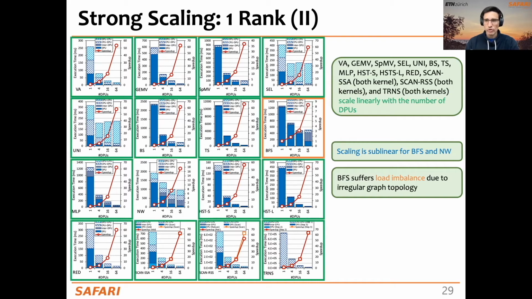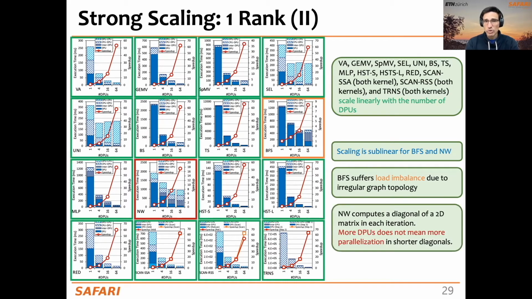So the amount of computation that is assigned to each DPU is not exactly the same, and this load imbalance limits the scalability. While in Needleman-Wunsch, even though we might be using the maximum number of DPUs, in each iteration of the algorithm we just need to use as many DPUs as really needed to compute one of the anti-diagonals of the 2D matrix.